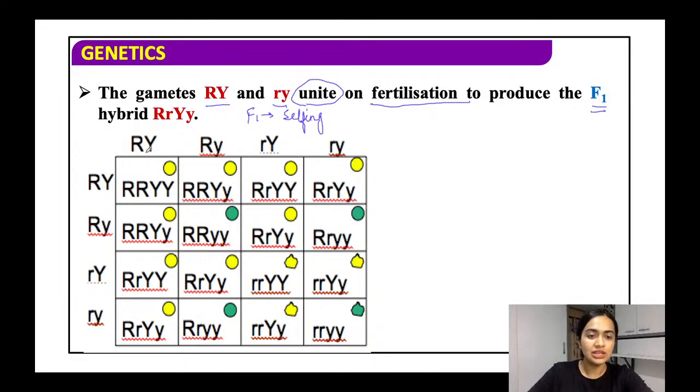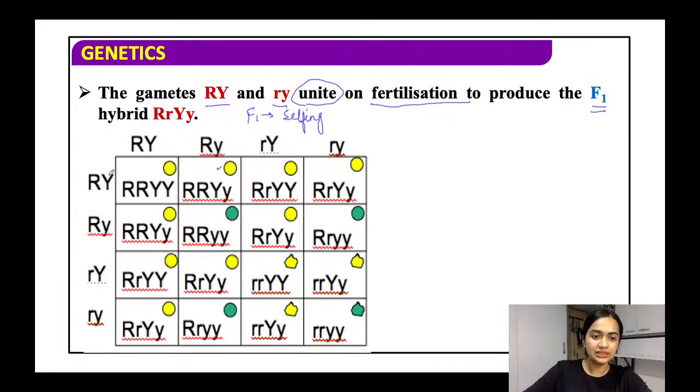Now we will write all the possible gametes. As they undergo the law of segregation, we have to segregate them according to all the probabilities. So here we have capital R capital Y, capital R small y, small r capital Y, and small r small y. Similarly, we write it on both sides, and what we get is that this seed is completely round and yellow, and we have many round and yellow seeds.